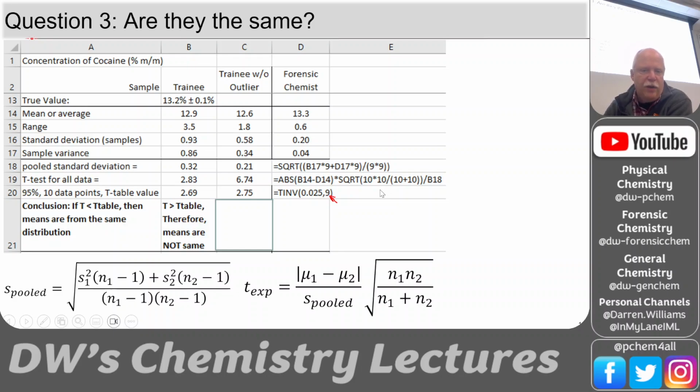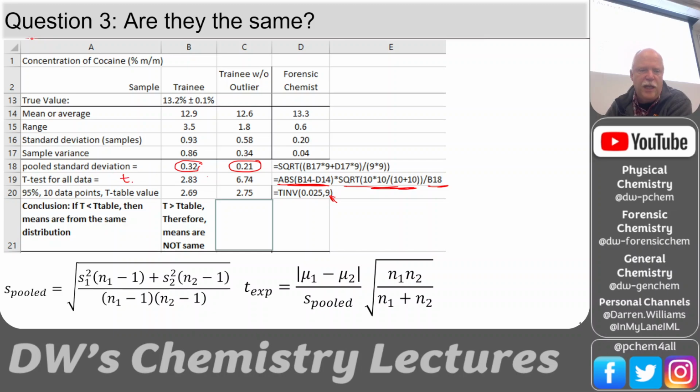And so here we have our pooled standard deviations. So we had this for the trainee. We had this for the trainee without the outlier. We have the t-test, which is that absolute value of the difference in means, and then all those data points and so on, divided by the pooled standard deviation, and we get these t-test or t-experimental values.